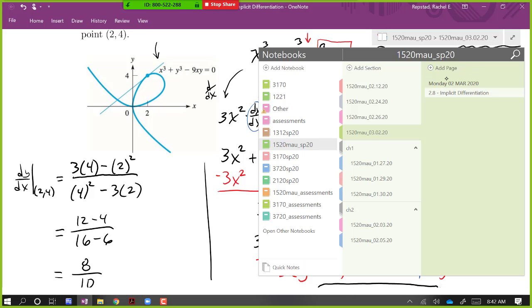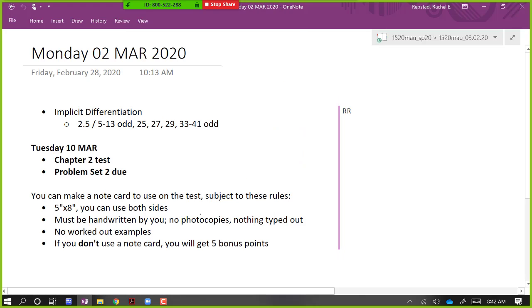What are some things that you might include on your note card? Like what do you think is a good idea? Things that you might need to know that's not an example of a problem, but things that you think will come in handy.